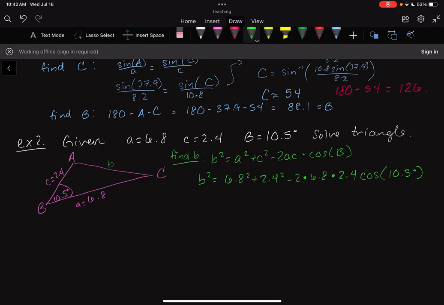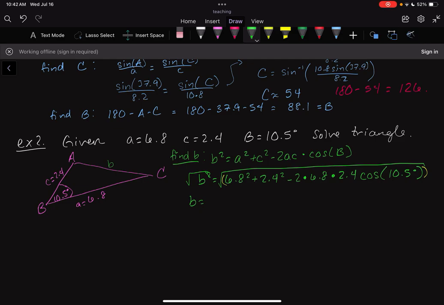Now I'm going to have to find B by itself, so I am going to have to take the square root. I'm just going to go ahead and do all this in one step. It's not too bad to plug into the calculator. It's going to open up its own parentheses for all the stuff inside the square root. So all you got to type in is the rest of it. So I'm typing it in now. I'm going to see what I get.